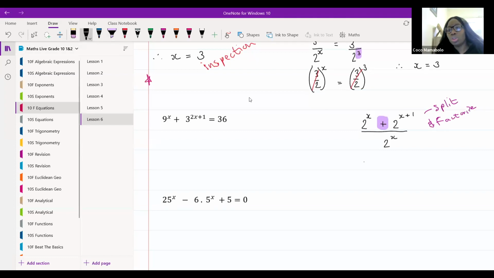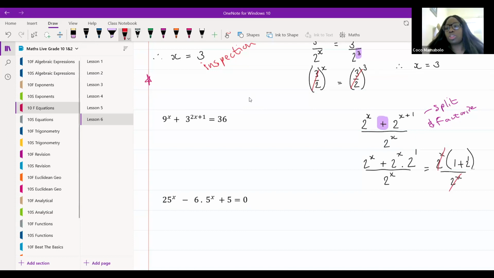We're going to go 2 to the power of x plus 2 to the power of x times 2 to the power of 1. Remember, that's how we split over 2 to the power of x. And then at the top, we can take out 2 to the power of x as a common factor. And we were going to have 1 plus 2 to the power of 1 left on the top, over 2 to the power of x. And only then can we cancel.